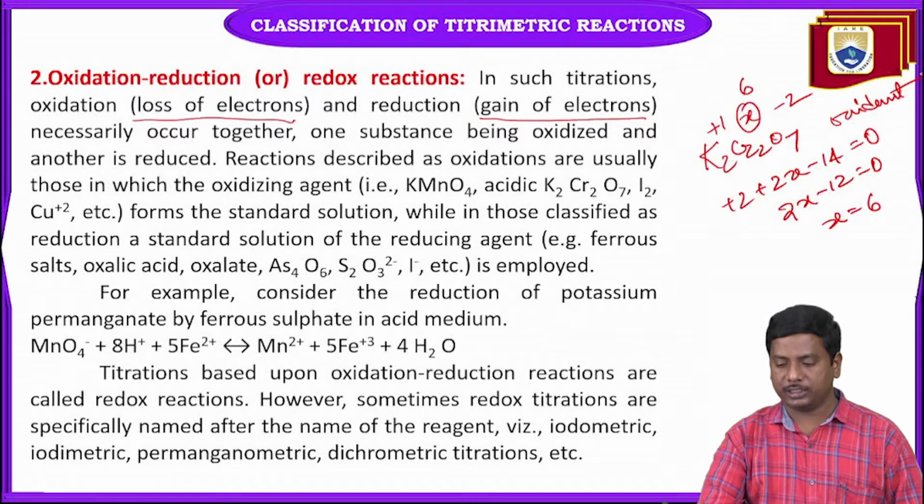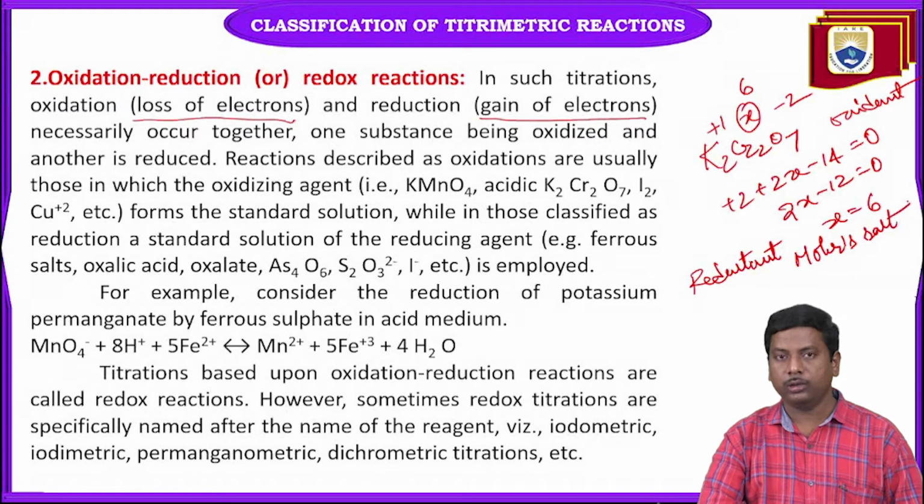And now we see the example for a reductant. The best example is Mohr's salt. In Mohr's salt, iron is present in the +2 state. That's why it is called ammonium ferrous sulfate.